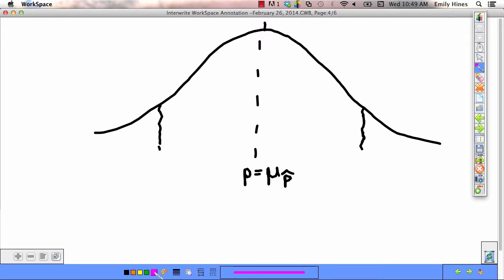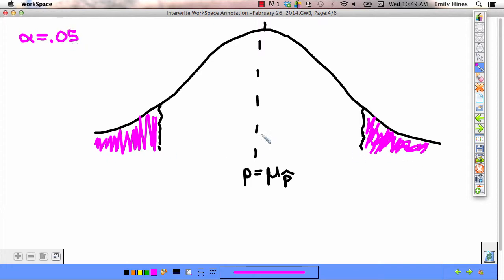And I know that my alpha level, because I'm multiplying my p-value by 2 to account for this, means that half of my probability is on this side and half of it is on this side. So this theoretically means that the top 2.5% and the bottom 2.5% of p-hats will result in a rejection. Okay, if I have 2.5% down here and 2.5% here, what percentage is in the middle? Well, hopefully you can do the math and subtract from 1 and notice that this is then 0.95.